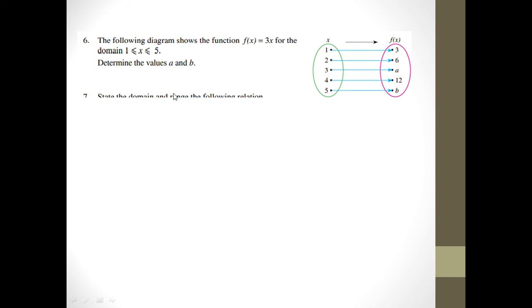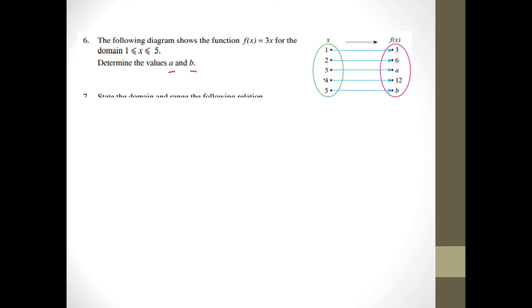Next one, question 6. The following diagram shows the function 3x. 3x means you must multiply by 3. Very simple. Domain means objects here: 1, 2, 3, 4, 5. The question asks you to determine the value of a and the value of b.